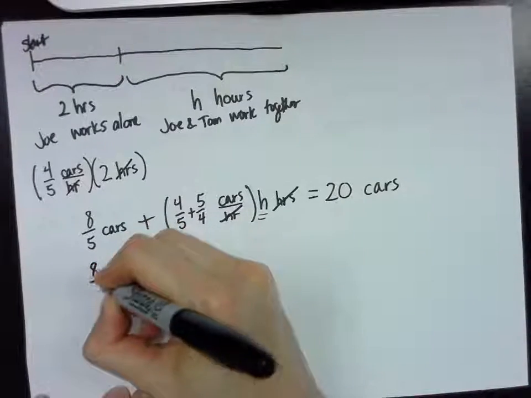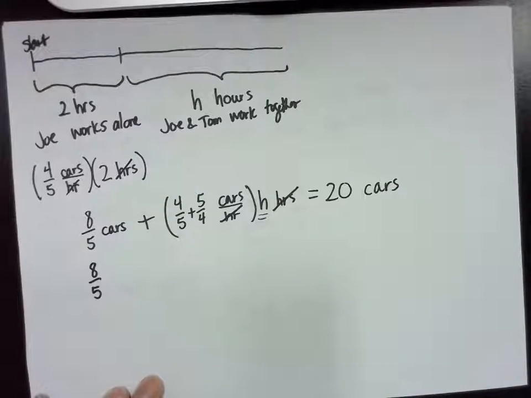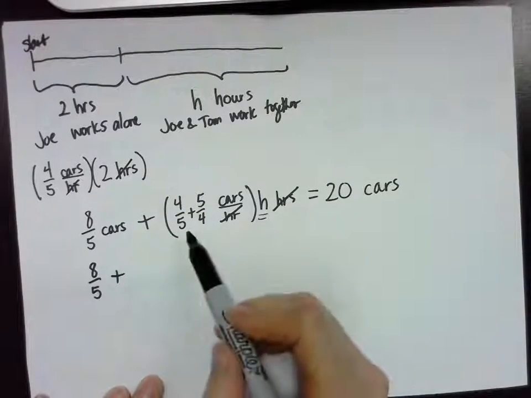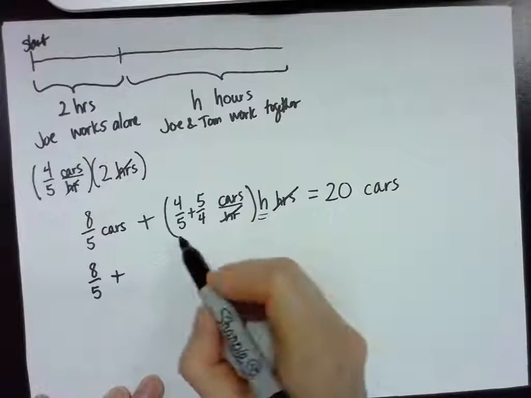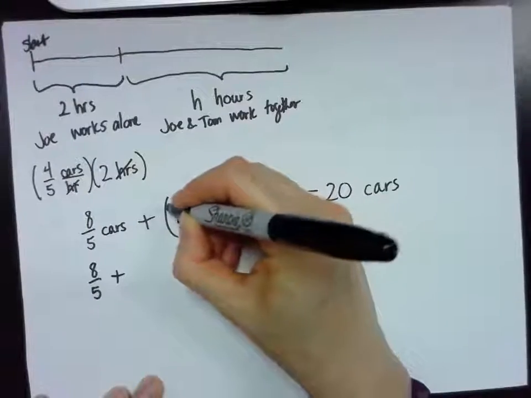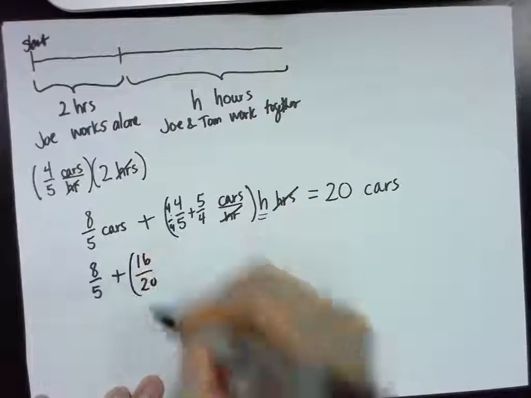So we have 8/5 here. I'm just going to drop the units because we know they match here. Okay, and then we're going to need to change this one to 20ths. So multiply this one by 4/4 and we'll get 16 20ths.